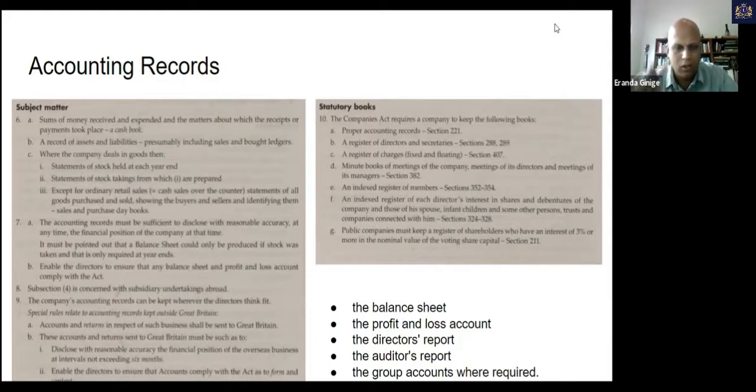So that 3% or more could change from country to country. Small scale share owners' information might not necessarily be kept, but for people with large sums of shares, their information needs to be maintained, right? Okay. By law. So these are the kind of accounting records that are critical and essential for auditors.